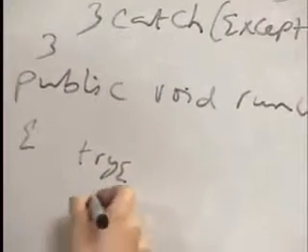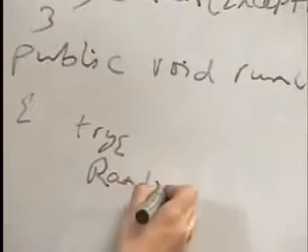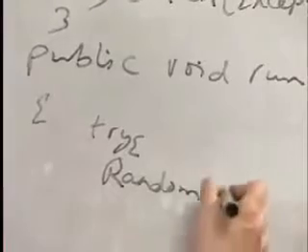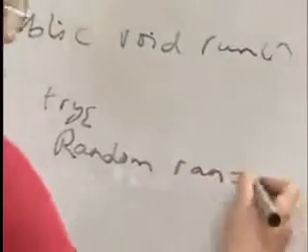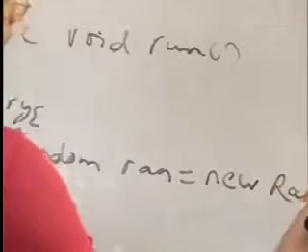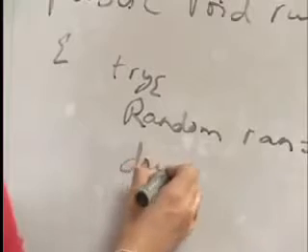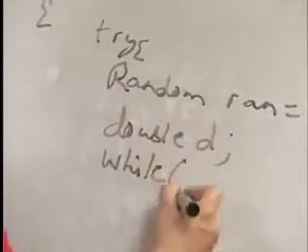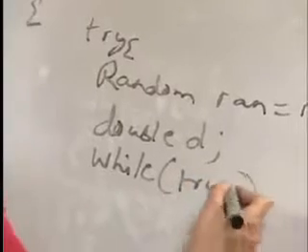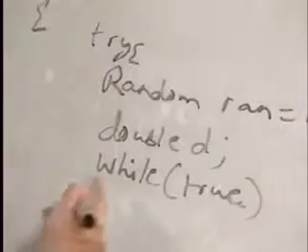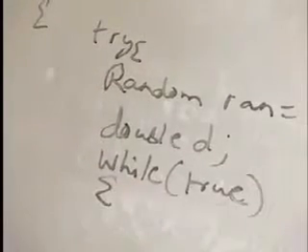So we'll have Random. Random is a class in the util package, so you need to import java.util here. ran is equal to new Random. Double d. We'll have a while true loop, which means we are never going to exit out of this program execution because of the way we are writing the code here.